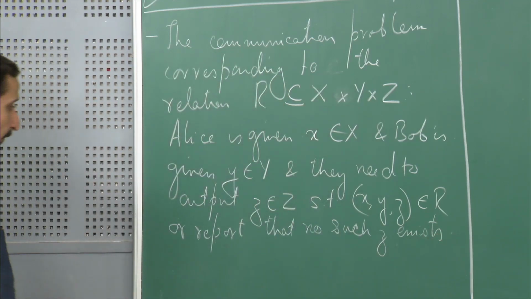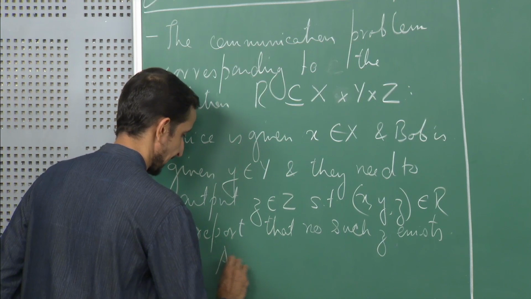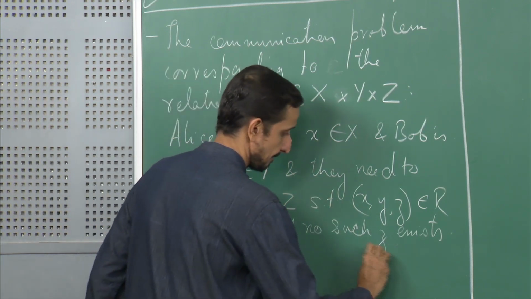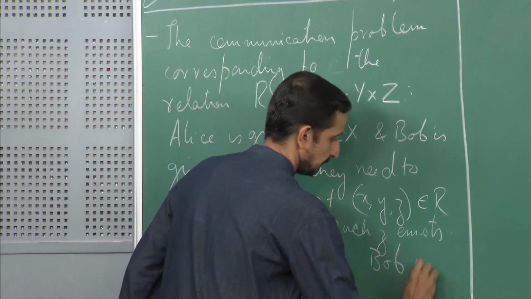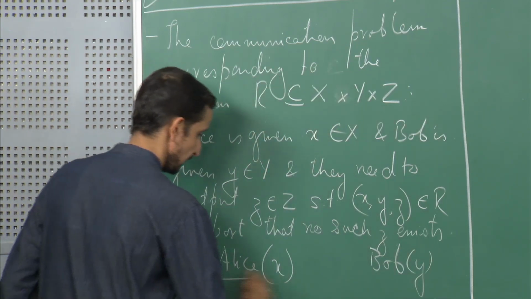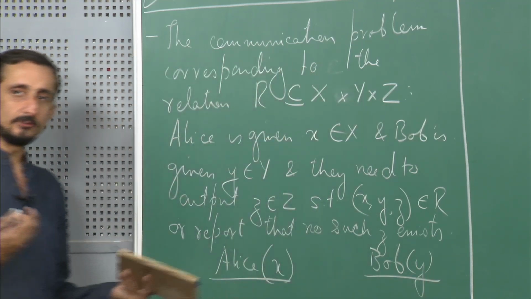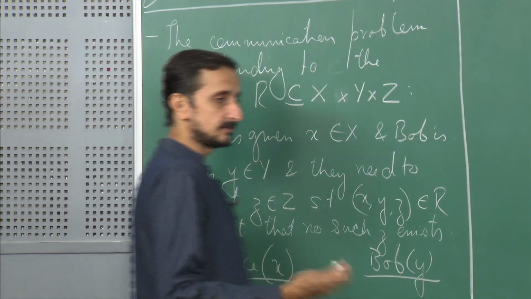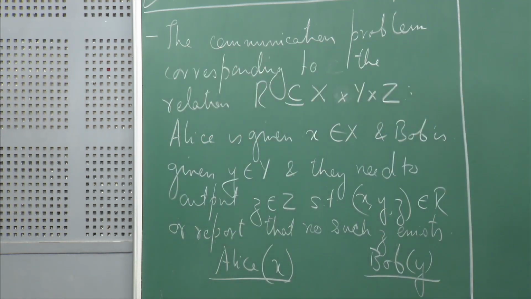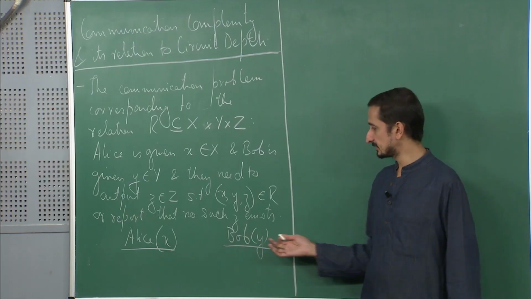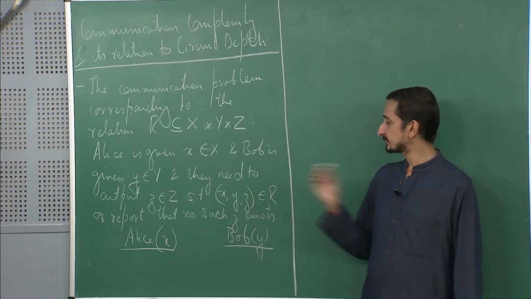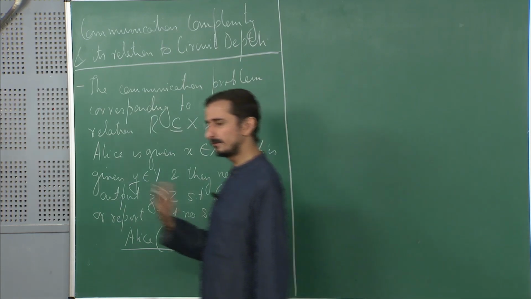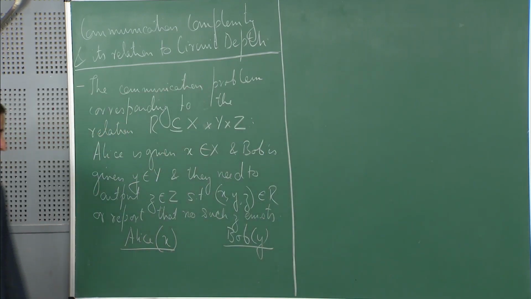Okay, so we have two parties, Alice and Bob. Alice has x, Bob has y. Now they need to communicate. Of course Alice doesn't know what y is and Bob doesn't know what x is. So they need to communicate bits among themselves and figure out a z such that (x, y, z) belongs to R, if such a z exists. And if it doesn't exist, they need to say that no such z exists.